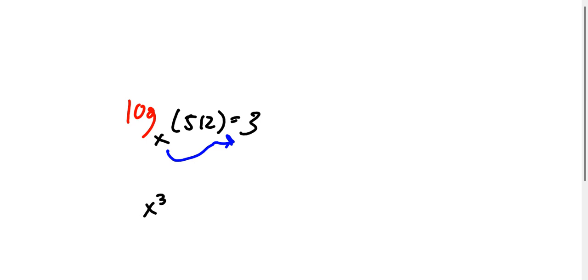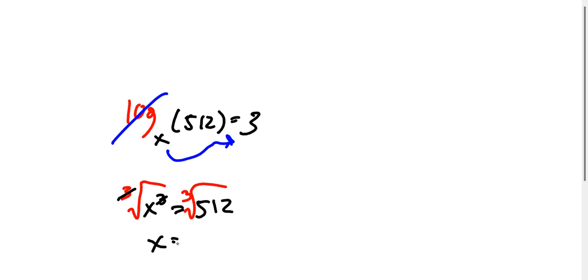We're obviously going to be canceling out that log. X to the third is going to equal 512. And we know from basic algebra that all we have to do is take the cube root on both sides. The x to the third and the cube root cancel, so now we're just left with x equal to the cube root of 512, which is just 8. So in this case, x equals 8. You can plug it back in to check the work, too.